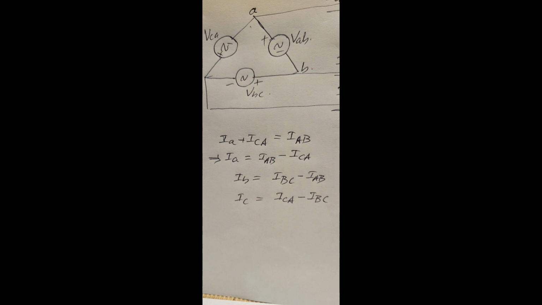As source, we consider a three-phase delta connected with the voltages VAB, VBC, and VCA, and the currents from the source will be IA, IB, and IC.